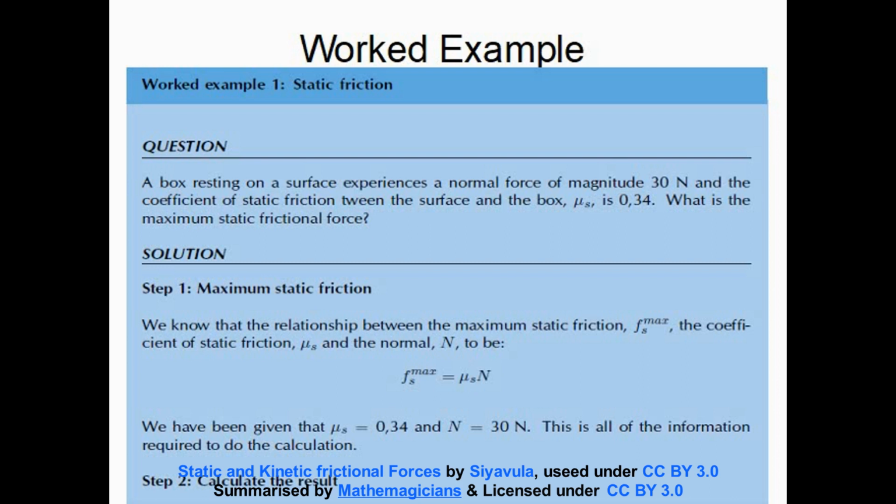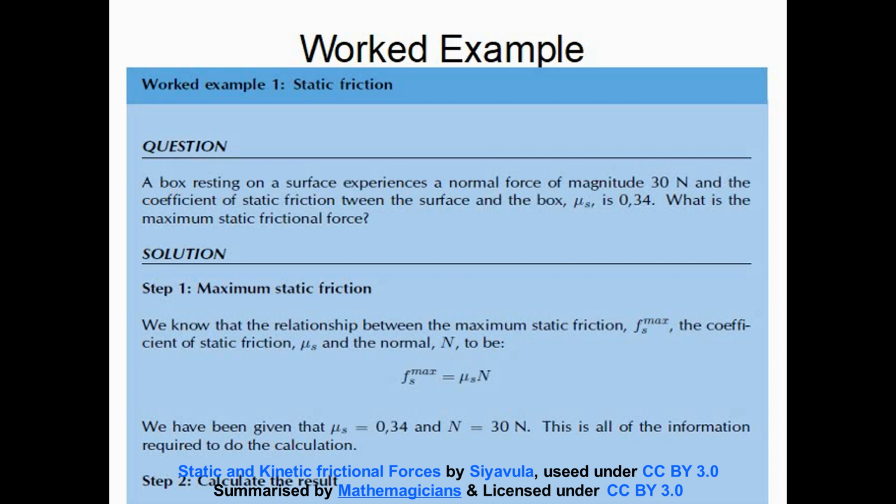Now the solution, as the Siyavula textbook has given us. Step 1, we first denote the maximum static friction. We know the relationship between the maximum static friction, Fs max, the coefficient of static friction, mu s, and the normal force to be given by the formula Fs max is equal to mu s times N. We have been given that mu s in the question is 0.34, and the normal force is 30 newtons.